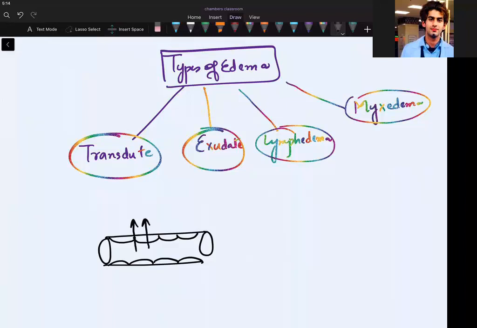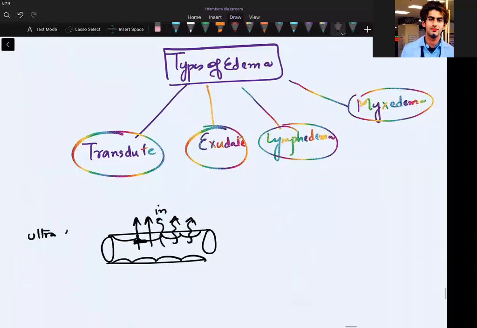So do you think it will have more proteins? Because all proteins will stay here. Do you think the proteins will go more into the interstitium or less? Yes, guys. Am I not producing an ultrafiltrate? It is showing as a filtration, isn't it? Am I not decreasing the protein content in this fluid in the transudate?